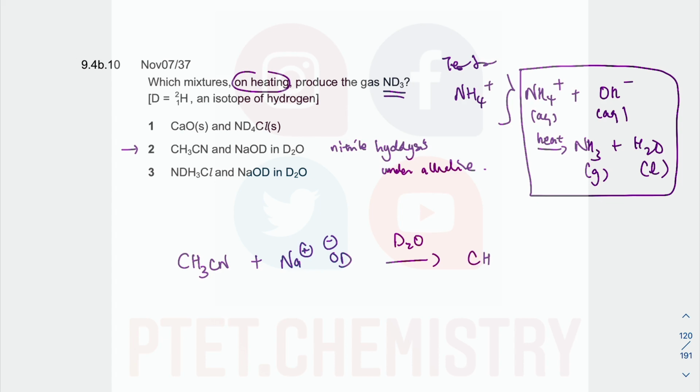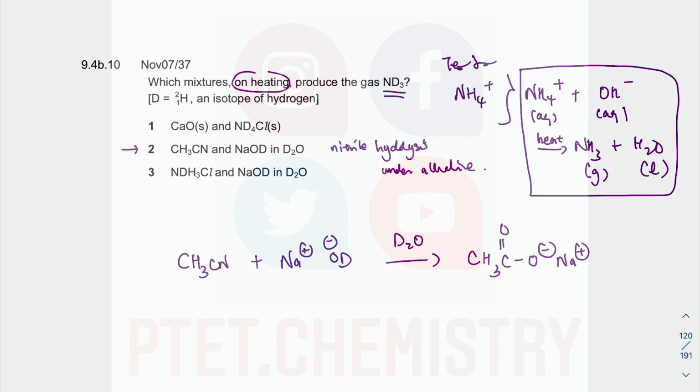We know that we will get CH3COOD. The reason why you don't get OH is because you're using NaOD and you are in the presence of D2O, okay, but this is also acidic and you're in alkaline condition, so you will actually get the salt, okay, instead of the actual acid.